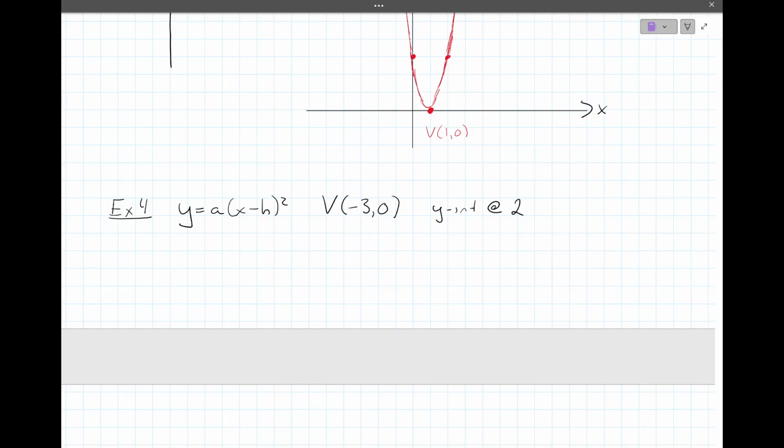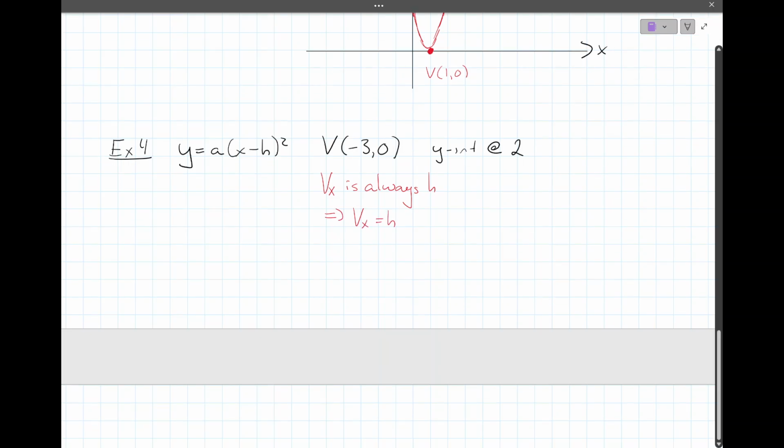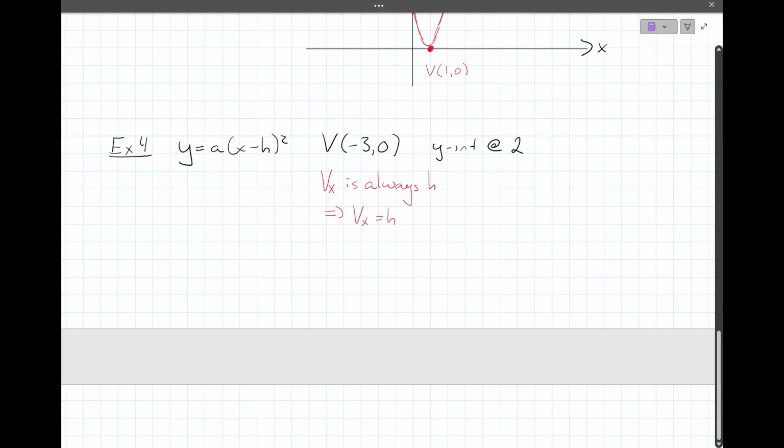And let's interpret that. So what this means here is that for us, Vx is always h, right? So that means Vx is equal to h. So the x component of our vertex is h.